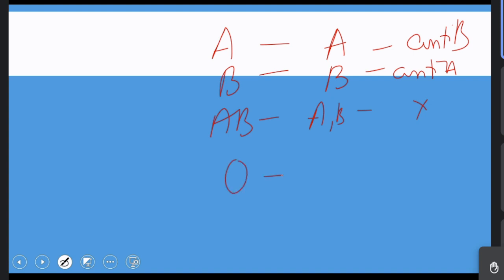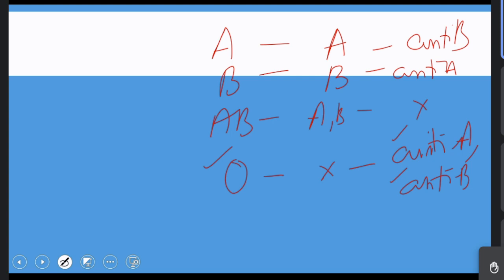An O group individual does not have any antigens, but as we are saying, we have natural antibodies. Remember that. That means we are born with antibodies also. Anti-A and anti-B are both present. So an O group individual is born with anti-A and anti-B antibodies.